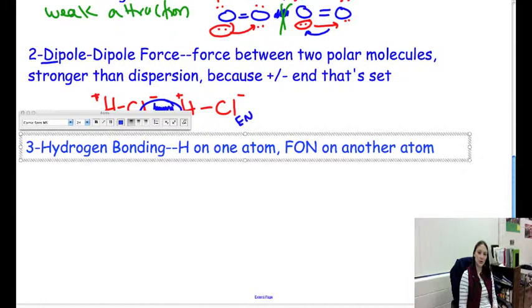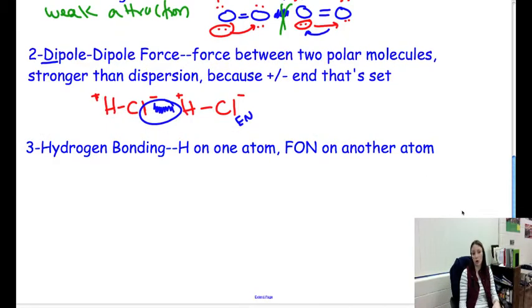And this is going to be due to the fact that H is almost kind of a metal in a sense, because it only has one proton and one electron. So it can be very positive. And then F, O, and N are very electronegative, with F being the most and N and O being very close to that.